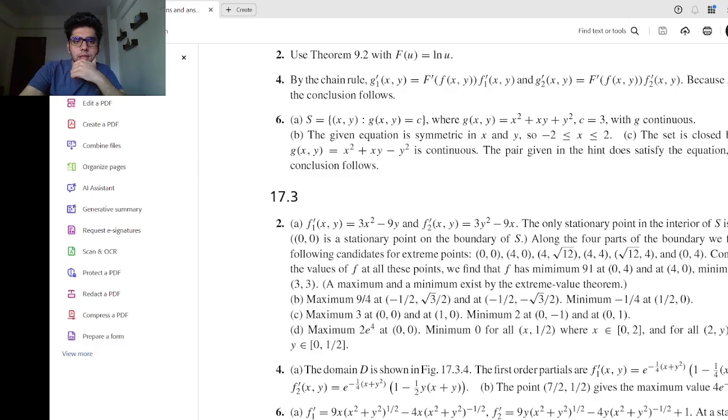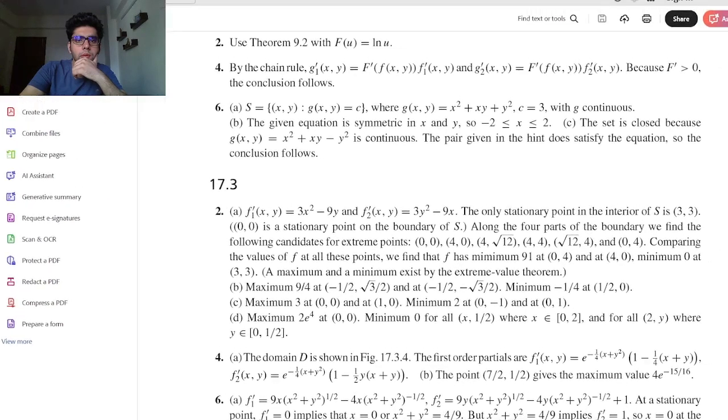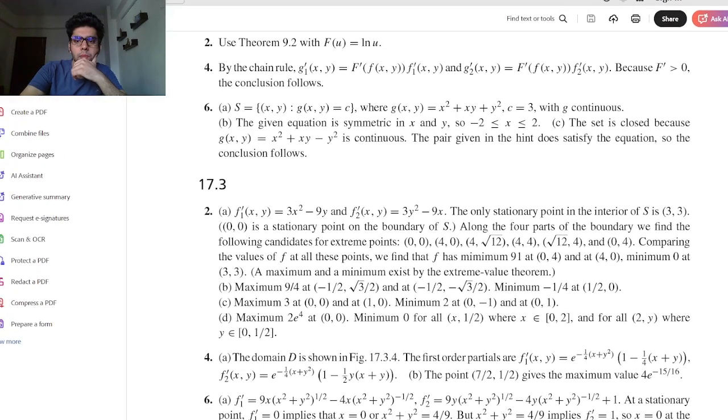I hope you guys can see. So let me show you guys the answer. Oh, I don't have the question three's answer, right? So this is only the even questions' answers. The answer to the third question is at the back of the book.